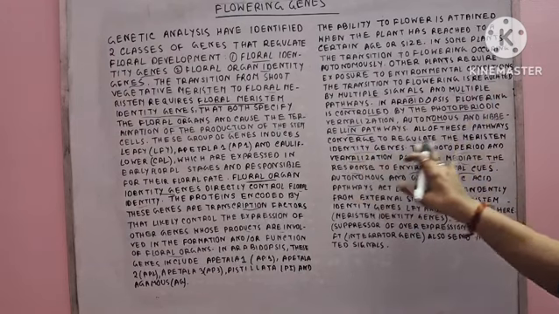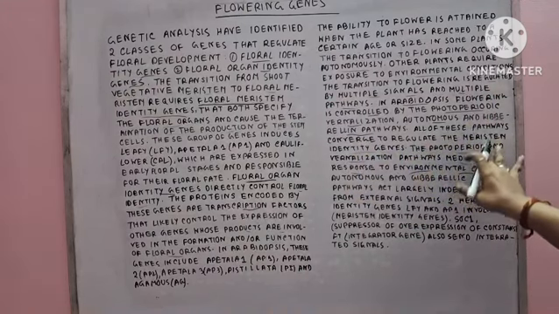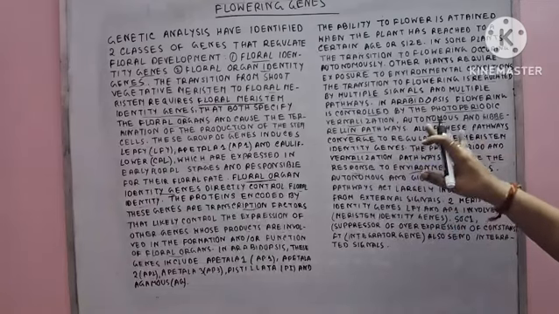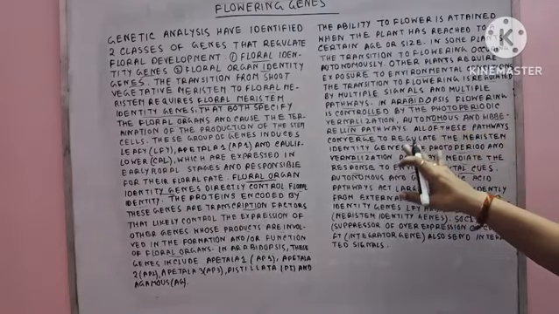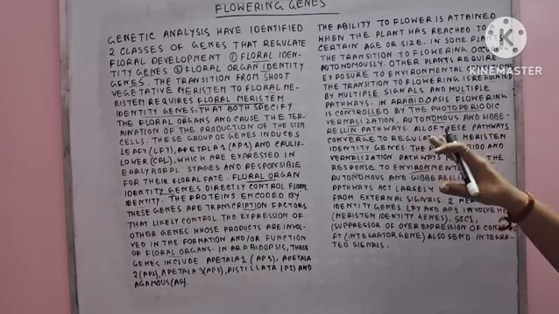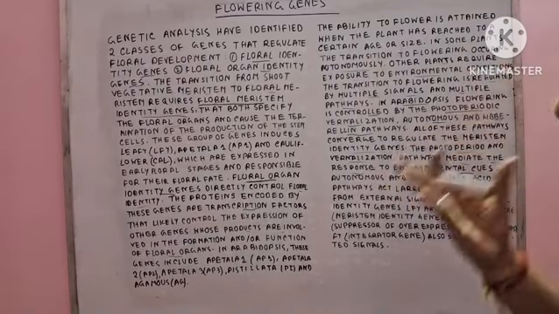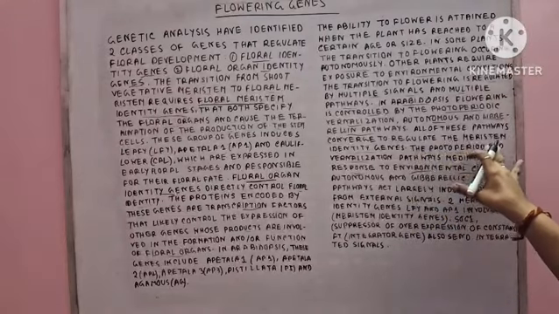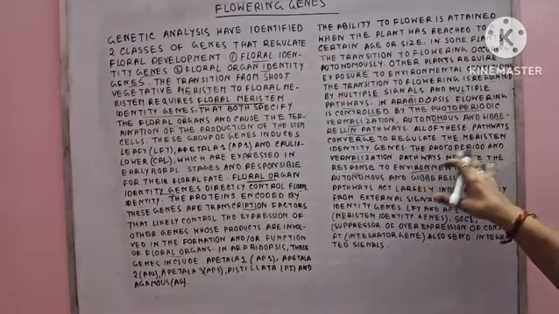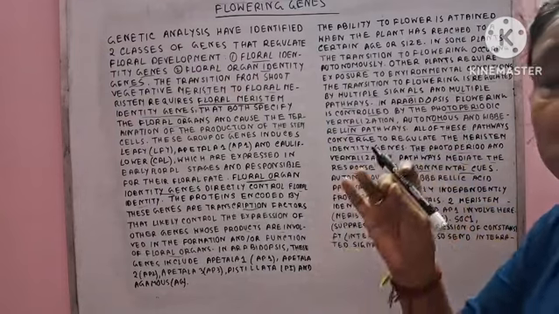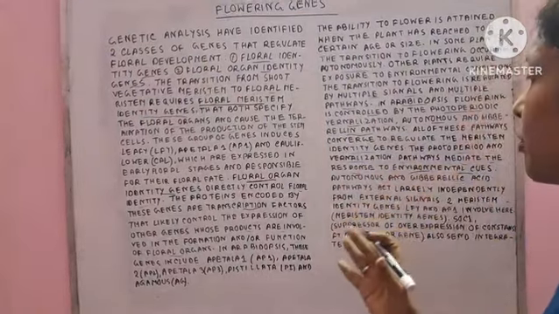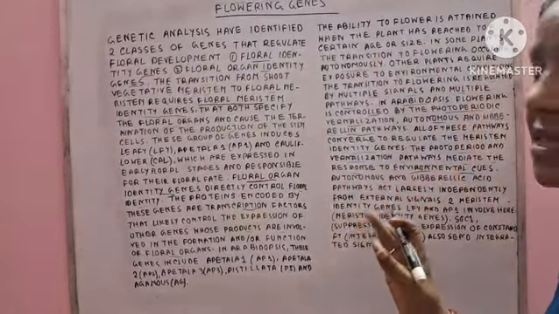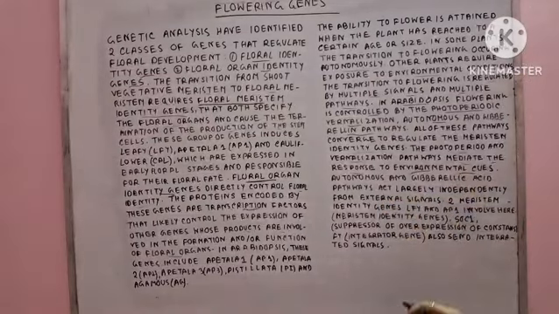These 2 are very important pathways through which the flowering process occurs. Here the 2 environmental factors are very important: one is light and another is low temperature.